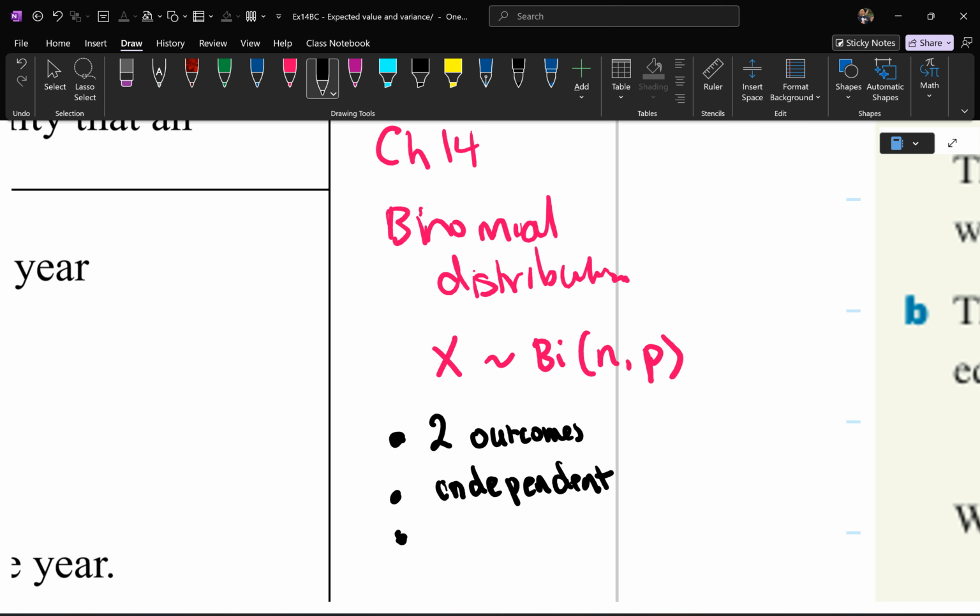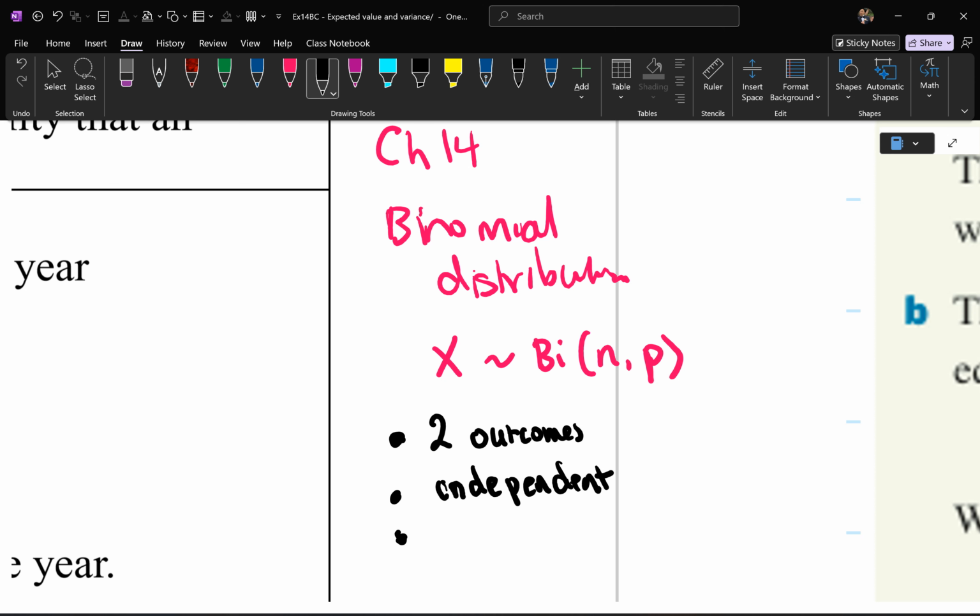So if I flip a coin 10 times and I got all heads, it shouldn't affect my 11th one. You shouldn't be saying the 11th one's definitely tails. We don't know. It's still 50-50 because they're independent, but the chance of each one is also the same. It's a great example of replacement problems.